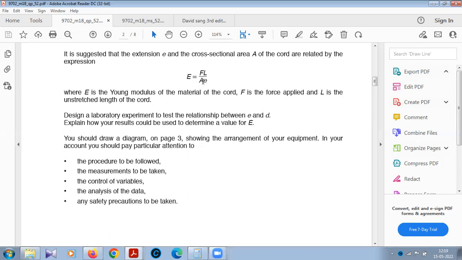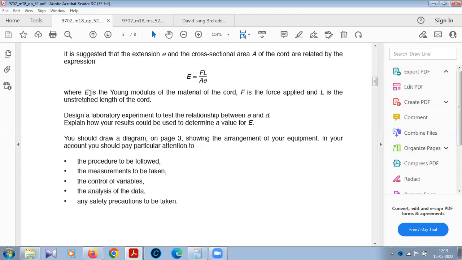So I can just keep the material same, say steel wire or rubber, so that the Young modulus remains the same, because Young modulus depends on the type of material.